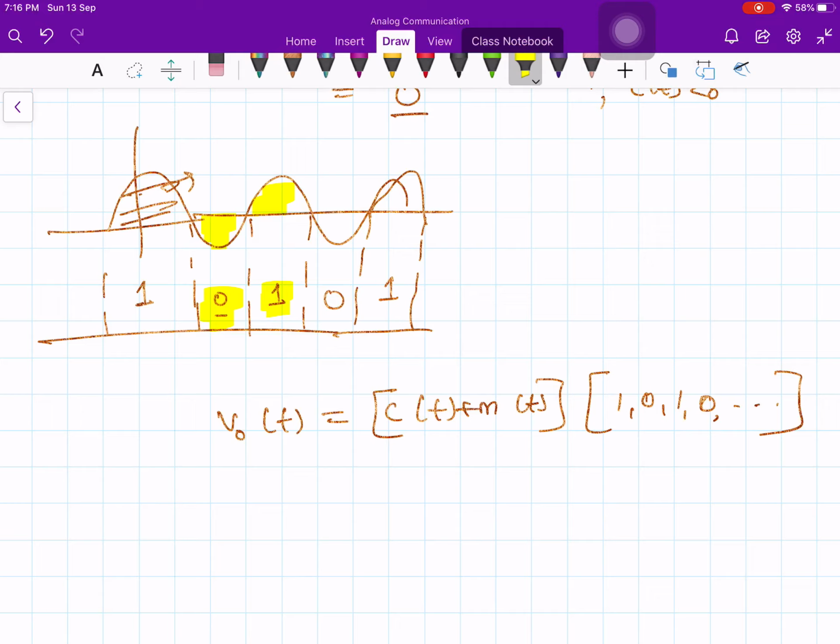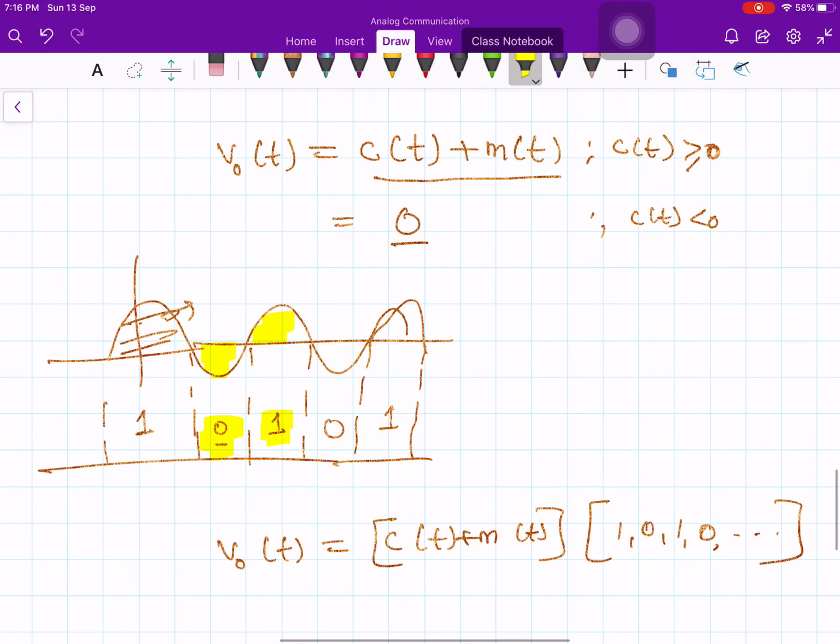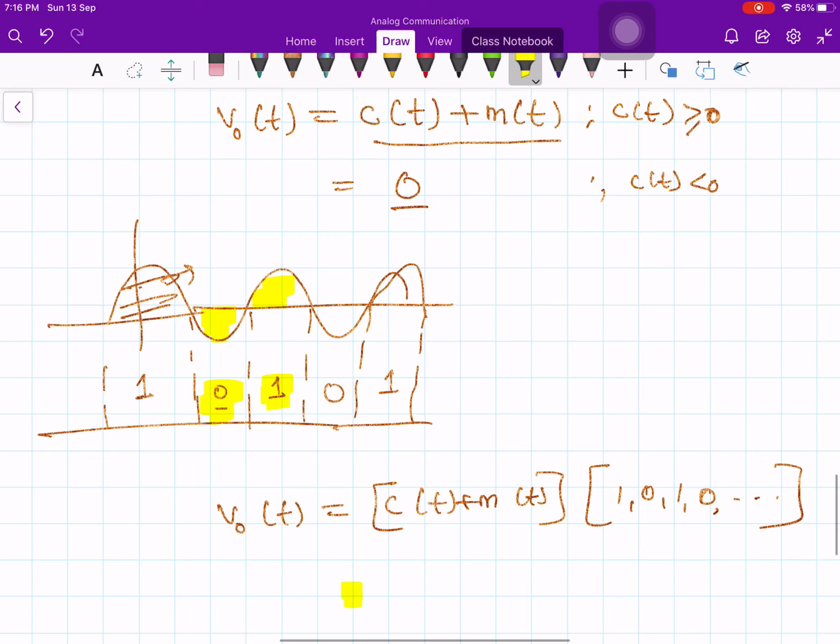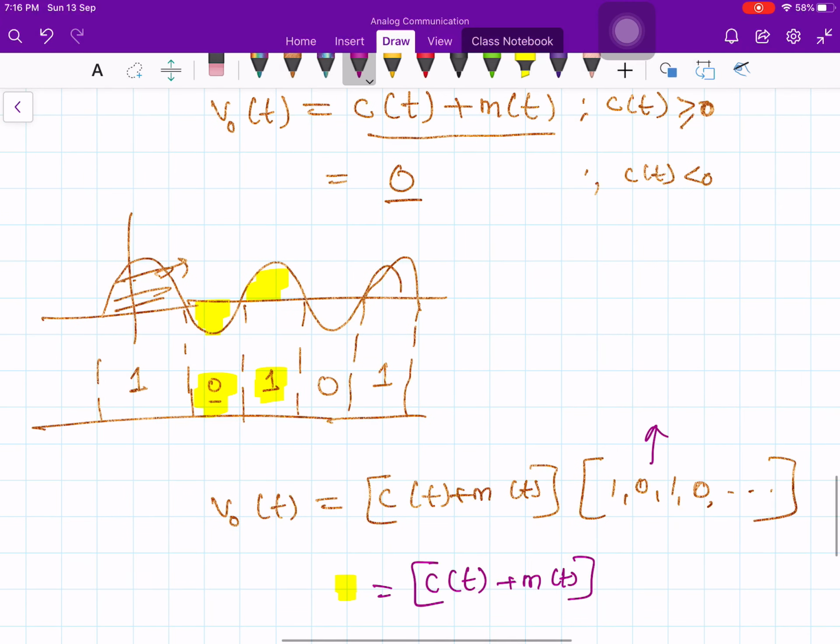So you can think in that way. I can write this as c(t) plus m(t) multiplied by a waveform. This essentially I can write like this: this is 1 and this is 0, 1 and 0, like that. I can have the waveform like that.